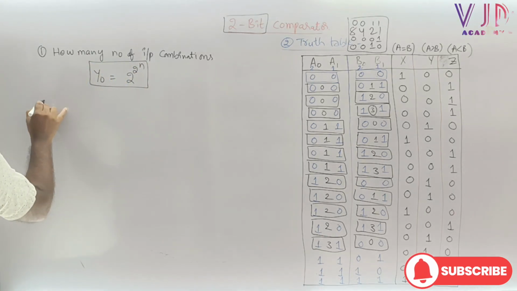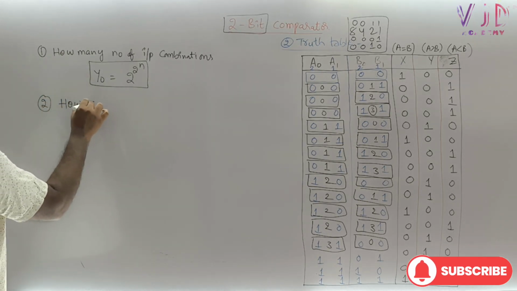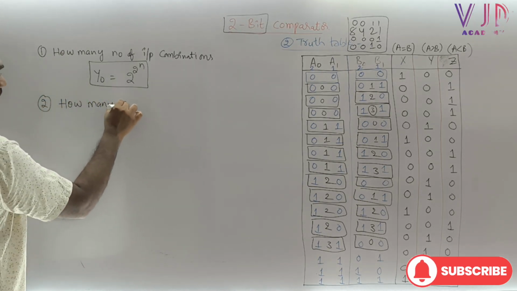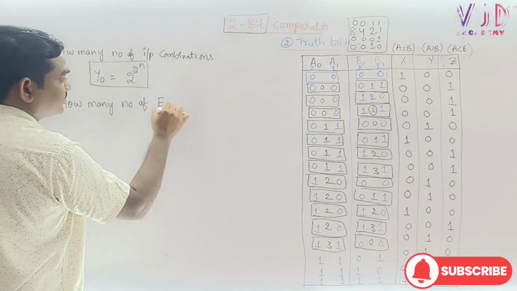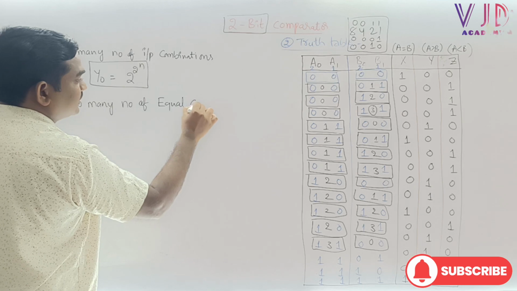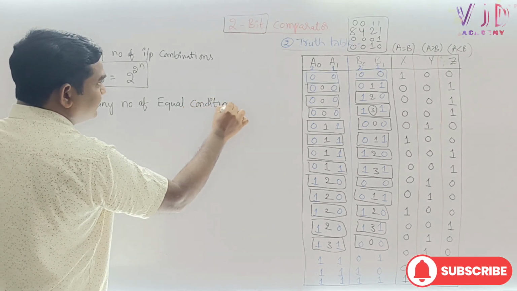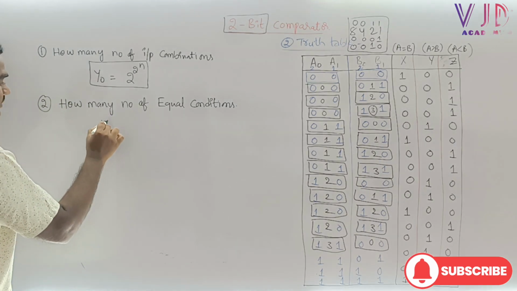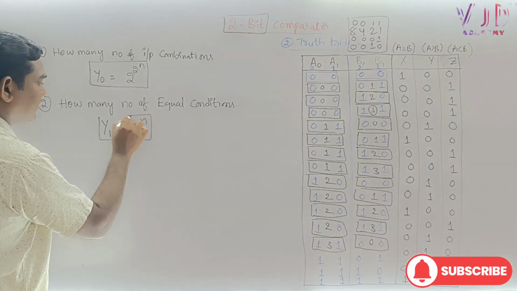And coming to the second equation: how many equal conditions are there? Now the equation is y1 equal to 2 power n, a very simple equation.